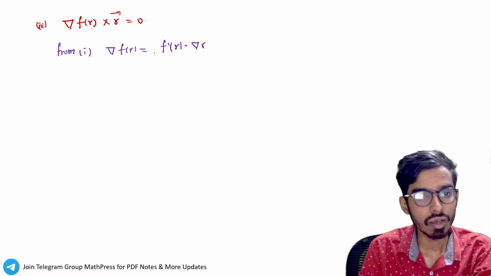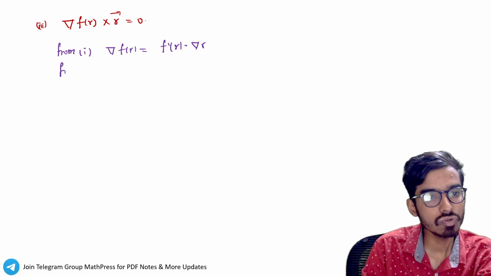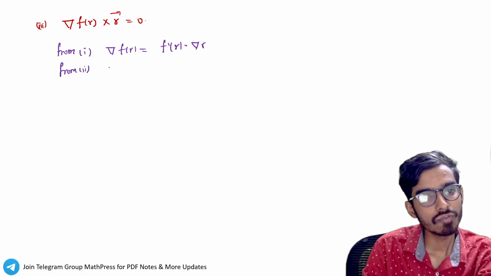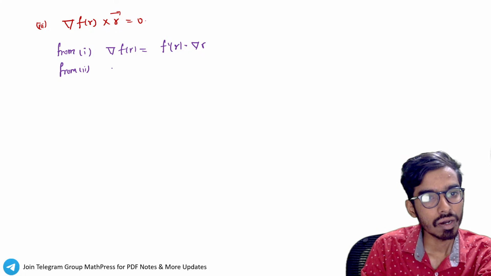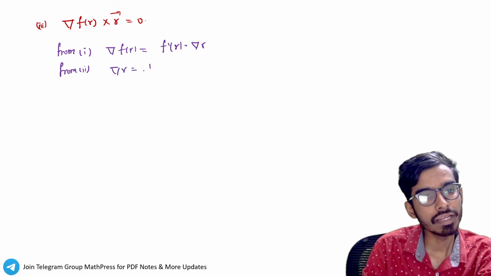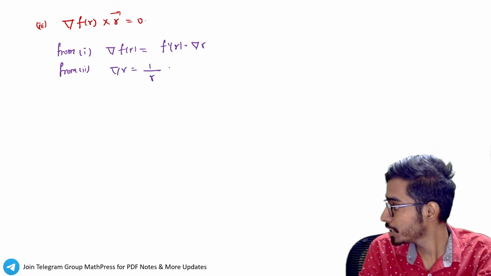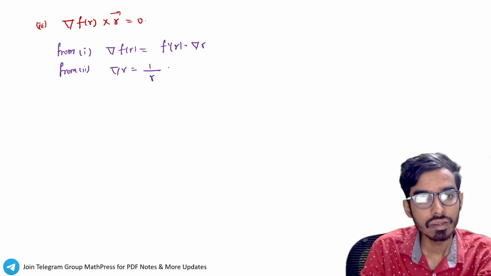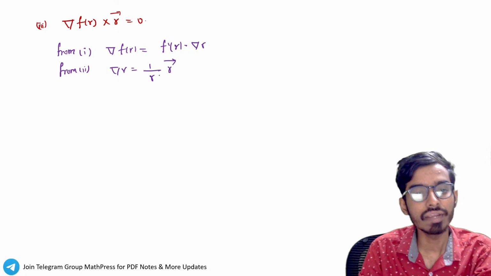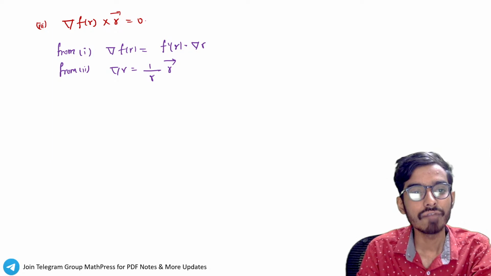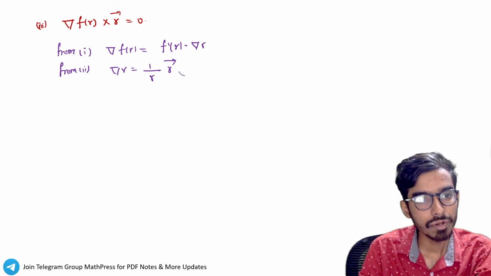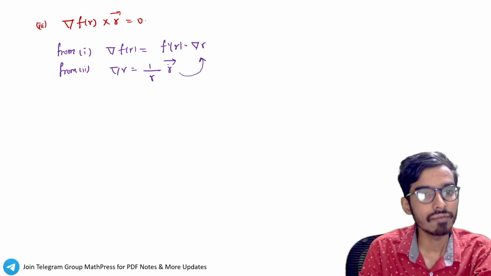And also from 2 we know what is gradient of r. It is 1 by r into r vector. This is from 2. So what I'm going to do is substitute this value here.